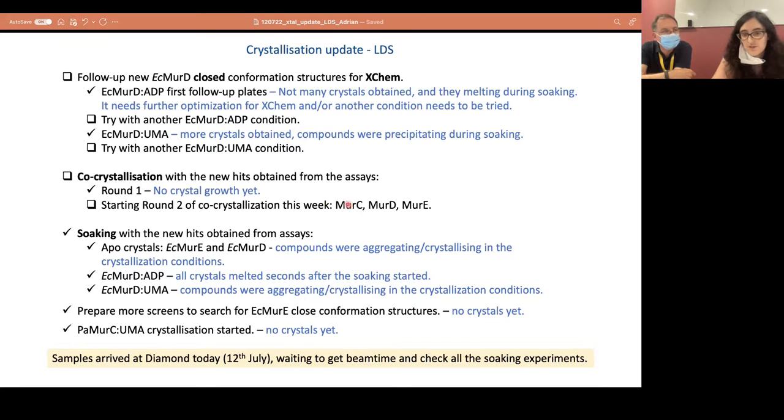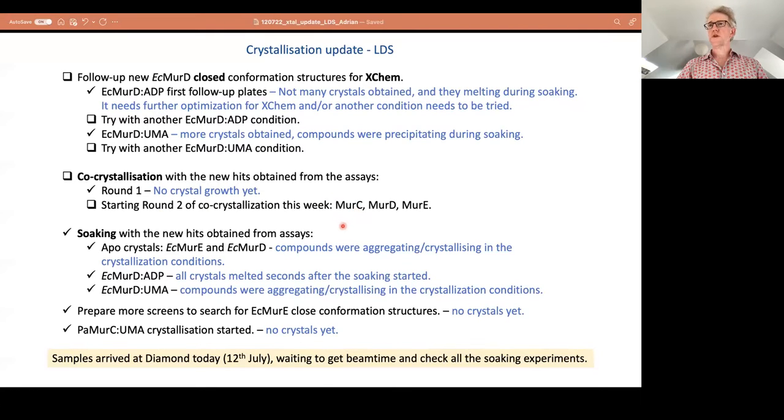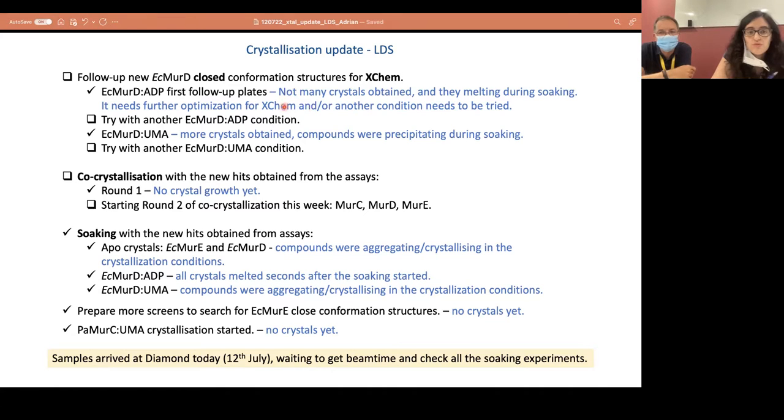E. coli. Chris, you had a question. Sorry to interrupt, Laura. Just back on the first one, was that a solvent problem causing the crystals to dissolve, or a compound problem? I'm fingers crossed you used a solvent-only control? Yes. With the DMSO only, it didn't seem to be dying.